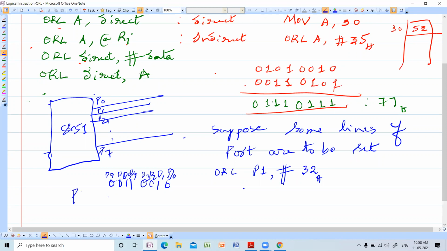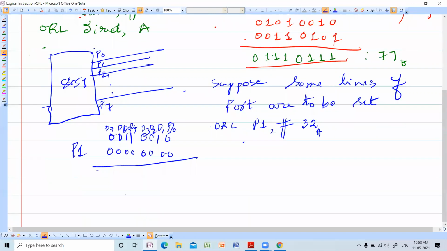Just assume that all the lines of port 1 are having zeros. Now if you perform the OR operation with 32, you are going to get 32 as output. 0 OR 0 is 0, 1 OR 0 is 1. So you are going to get this.